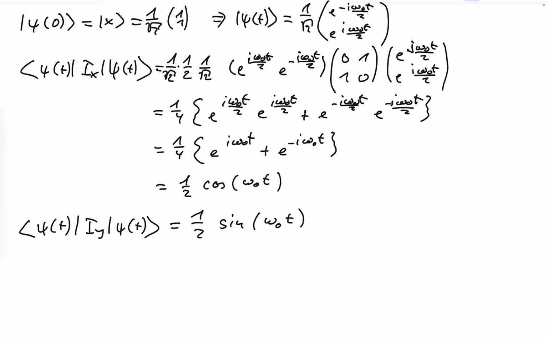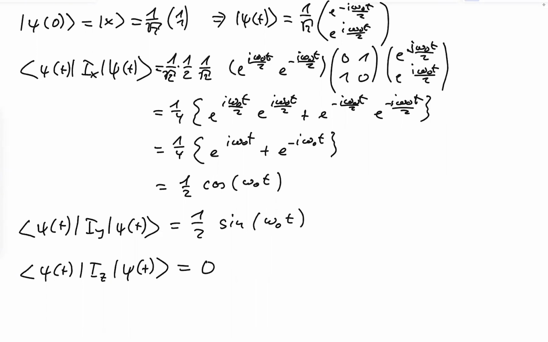And finally, if you apply psi of t to Iz, then it becomes 0. So what we see in this exercise is simply that alpha and beta states both lead to just a constant value. They will stay the same if we have an Iz operator.